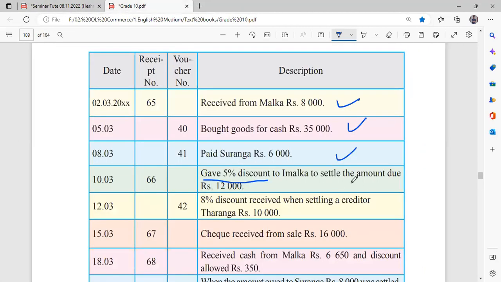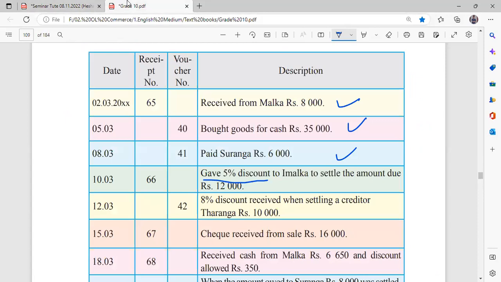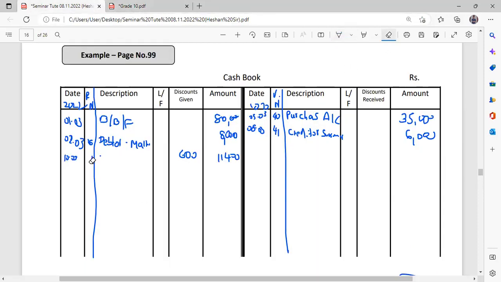Imalka paid after deducting 600 from this 12,000, so this is a cash discount given of 600, and we received 11,400 on March 10th. 66, debtor Imalka.